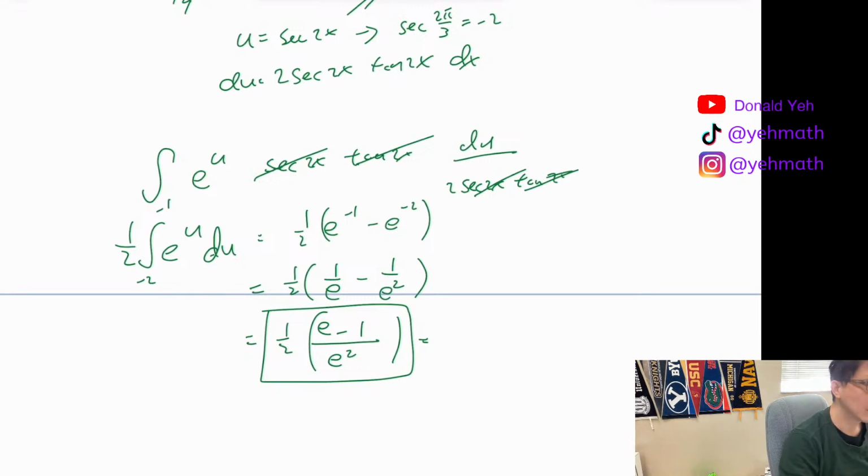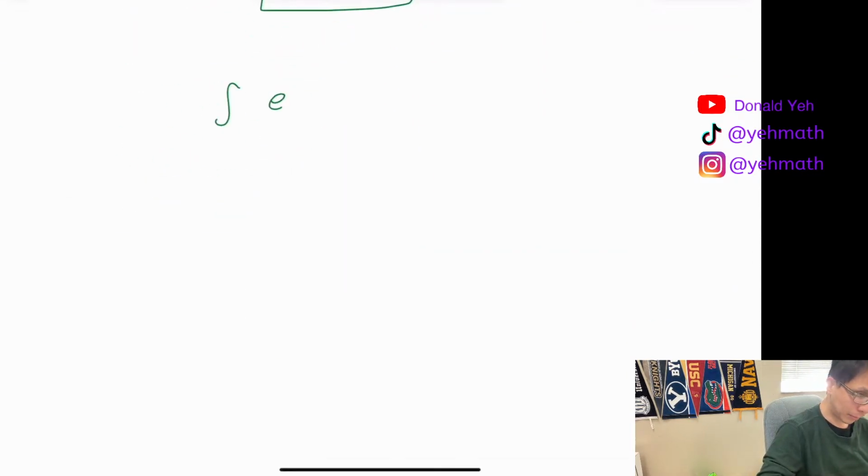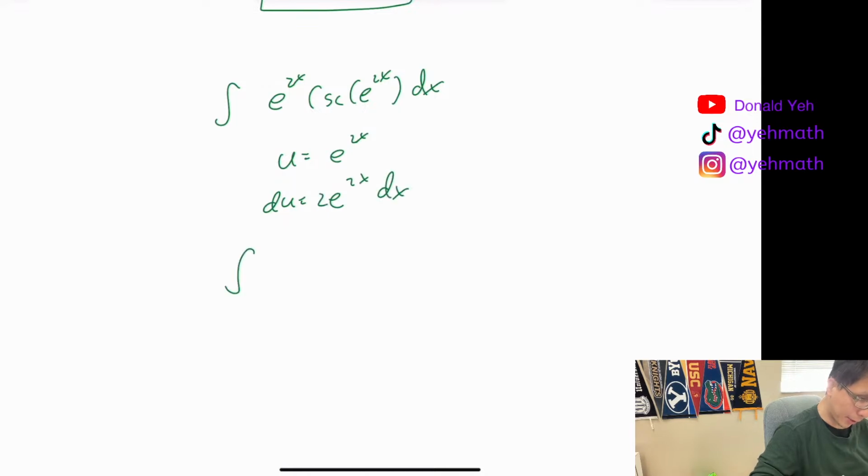108. I just want to see how you... u equal to e to the 2x. Yeah, that's a good question. Do cosecant times... yeah, e to the 2x cosecant of... That's a good question, actually. You just, e to the 2x. u equal to e to the 2x. du is equal to e to the 2x times 2 dx. So that's going to cancel out.